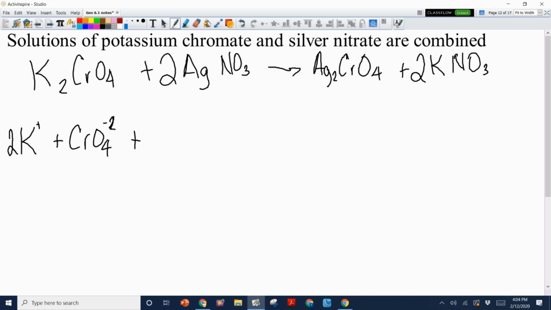Let's look at our solubility list. It says always soluble: alkali metal ions plus NH4, NO3. So there you go, NO3 is always soluble. So we're going to have 2 silver ions that have a +1 charge plus 2 nitrate ions.